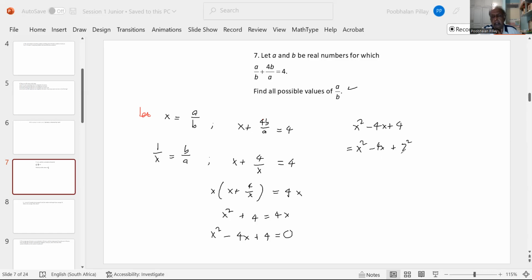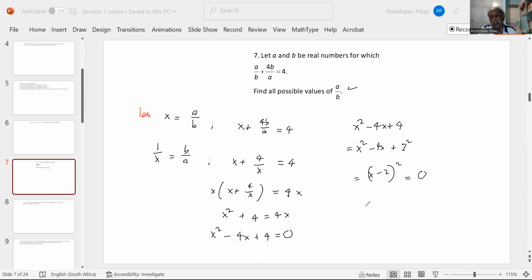And you will notice that this is really x minus 2 all squared, because minus 4x is twice the product of these two. So what you've got here is x minus 2 all squared equals 0 on the left-hand side.